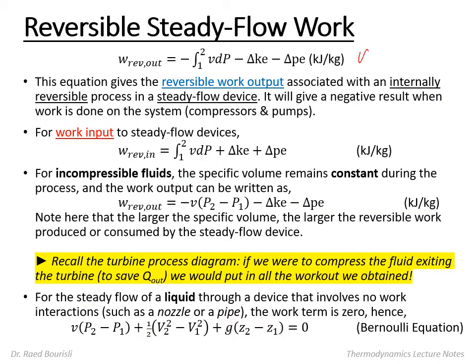This equation tells me that the reversible work output, let's say for a turbine, is equal to the difference in boundary work minus difference in kinetic energy minus difference in potential energy. So whatever potential energy this gas that expanded in a turbine lost, I gained as a work output. Whatever kinetic energy this gas lost, I gained as a reversible work output.